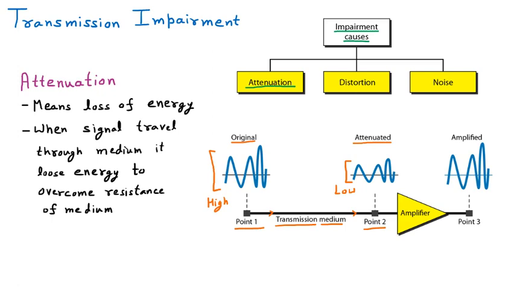The meaning is that whenever data is transmitted from one point to another through a specific medium, that medium or wire has some resistance, and that resistance takes out the signal strength. That's why the signal strength decreases. If the original signal strength is high, it will become low afterward.